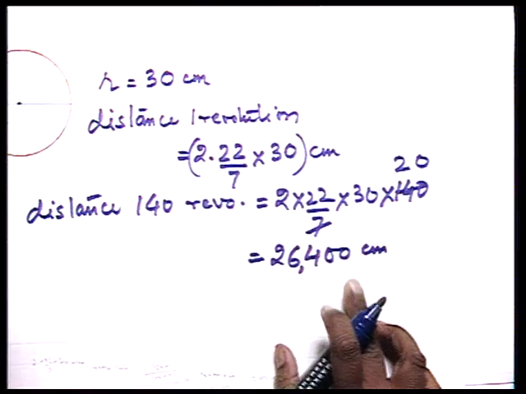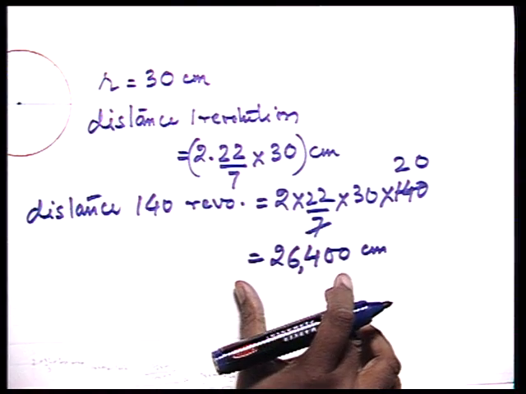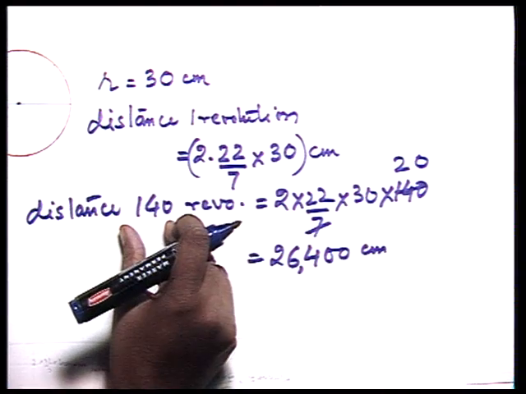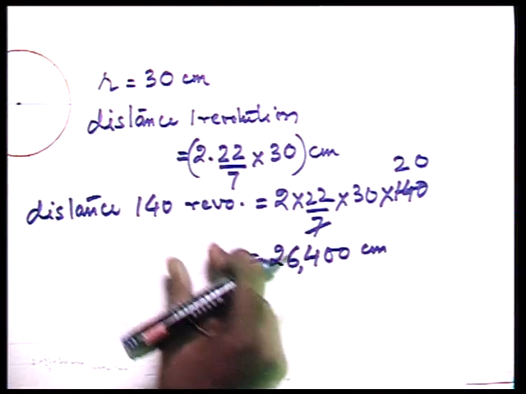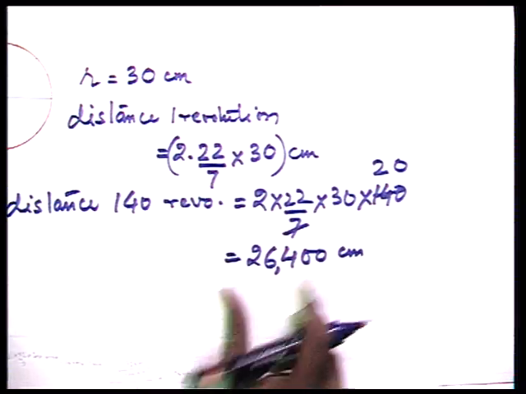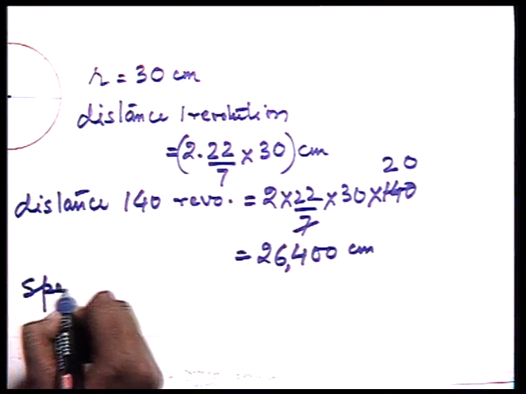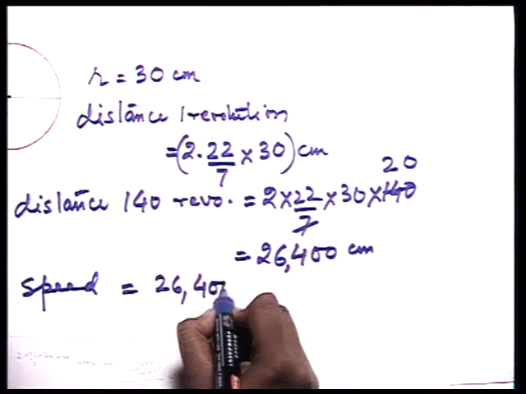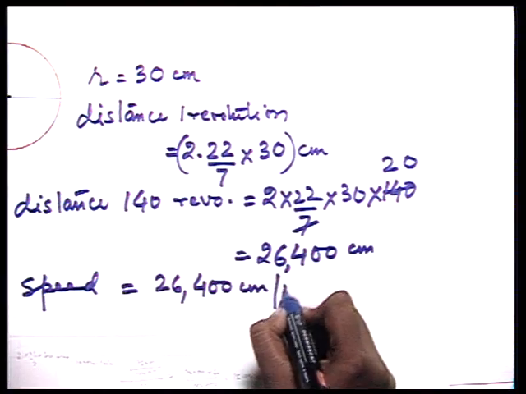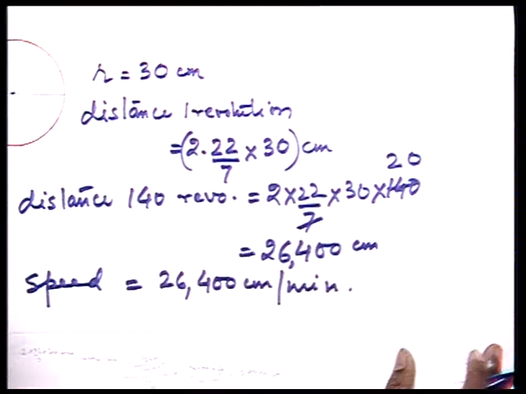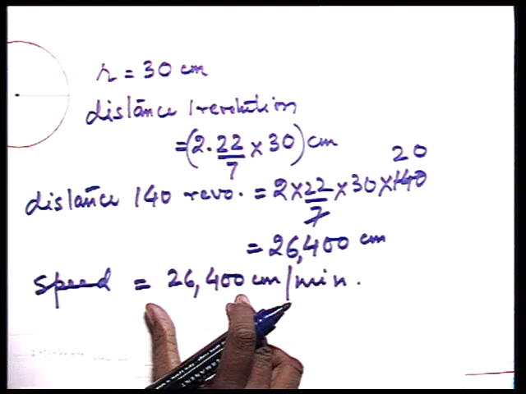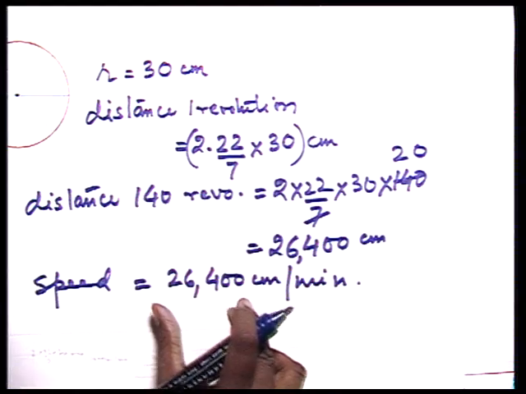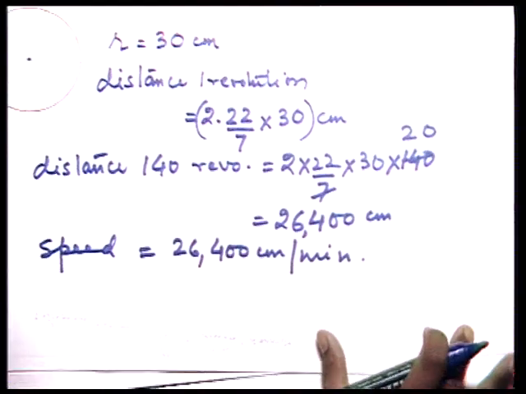This is the distance covered by the wheel in 140 revolutions, but the wheel is covering these 140 revolutions in 1 minute. So, the speed of the wheel is equal to 26,400 centimeter per minute, but we have to find out the speed of the wheel in kilometers per hour.